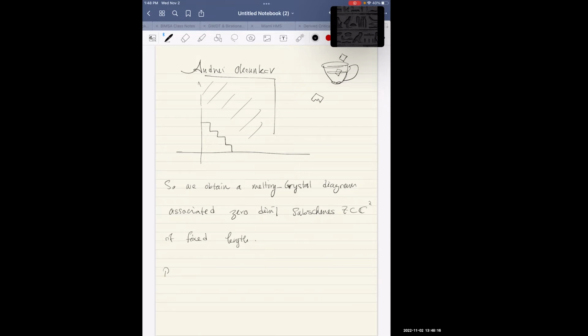Recall that the deformation obstruction theory of the moduli space of ideal sheaves is given by a map in the derived category from E dot to L dot of I chi x beta, the moduli space of ideal sheaves, where the underlying ideal sheaf has curve class beta and Euler characteristic chi.